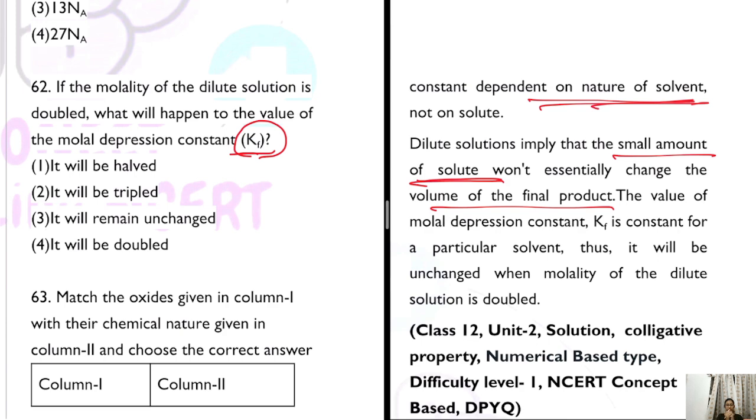So on decreasing the concentration, not much effect would be there on Kf. It will be unchanged if the molality of the dilute solution is doubled. It only depends upon the nature of the solvent.